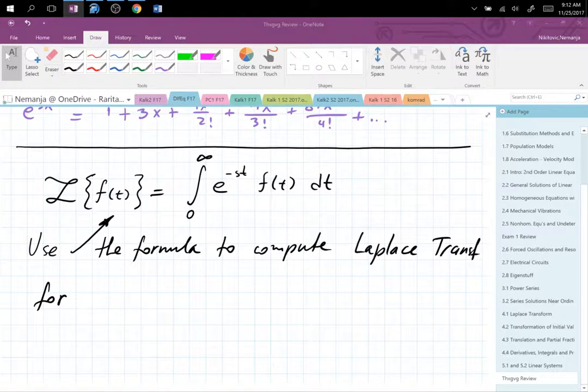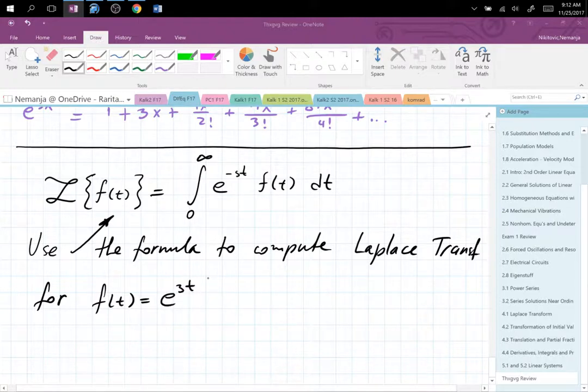Okay. So for, let's say, f of t is equal to e to the 3t. So I want you to Laplace transform e to the 3t.